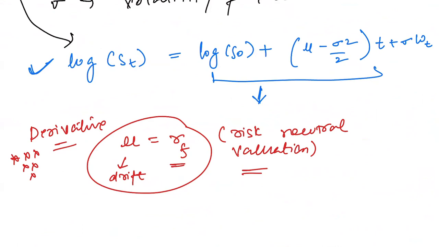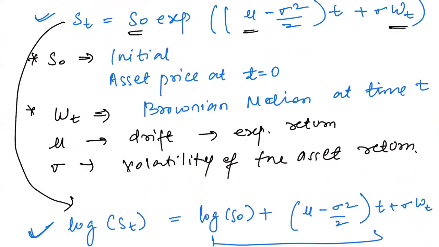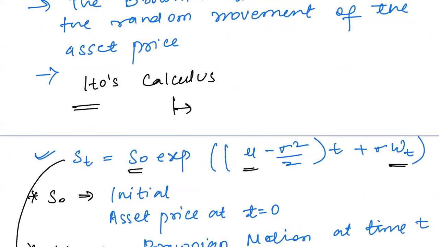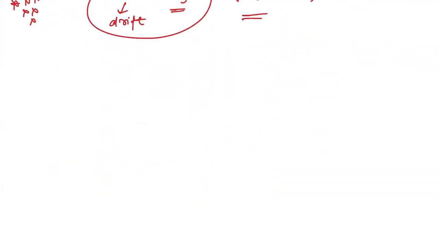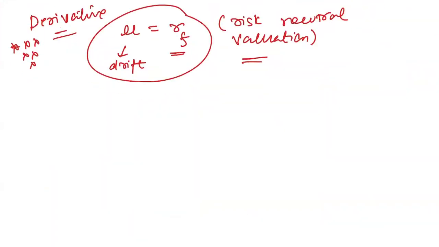So always remember this. If you see this equation, we know the initial value of the stock, we know the drift component, we know the volatility. The only component that we don't know is W_T. So how will we calculate W_T? That is the next step: third is to calculate the Brownian motion.